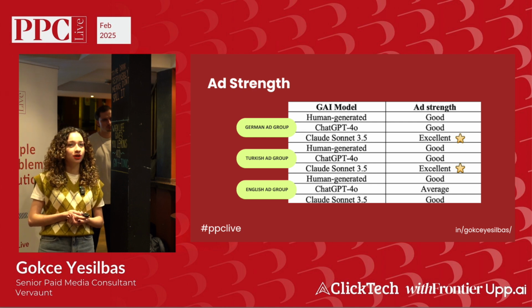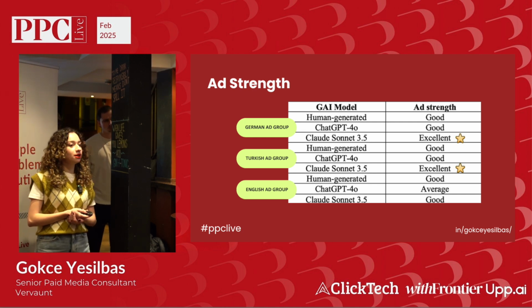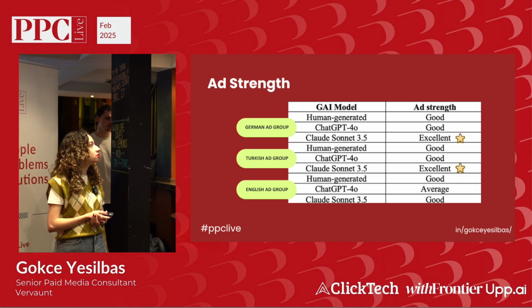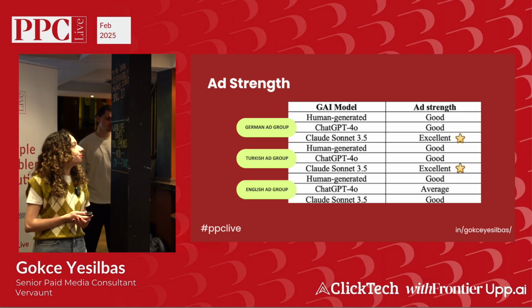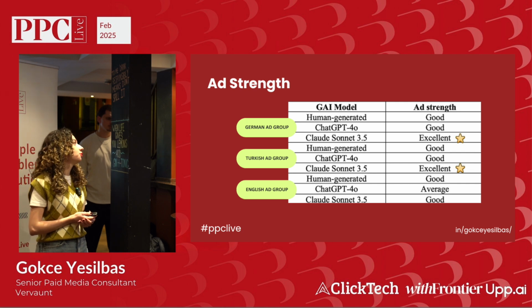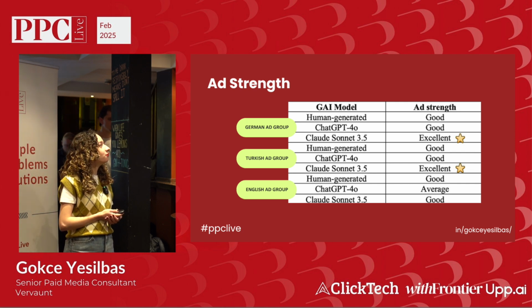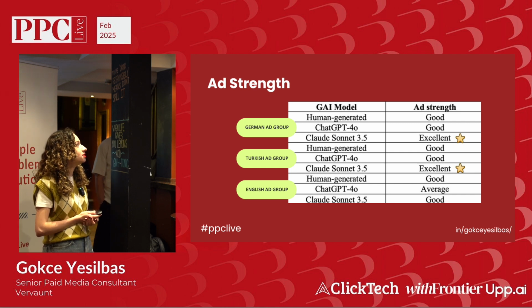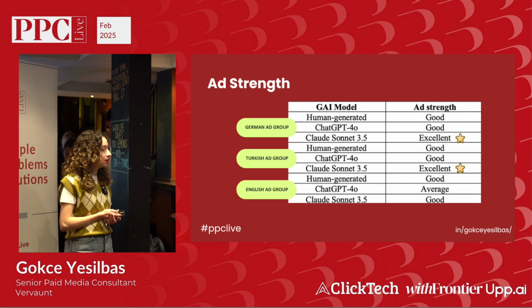So let's look at the results. In my ad copy testing, for the ad strength results, you can see Claude 3.5 Sonnet was the winner with an excellent ad strength in German and Turkish ad copy.